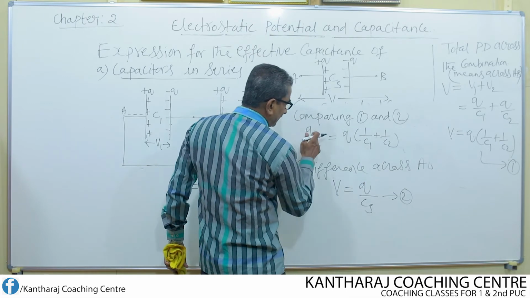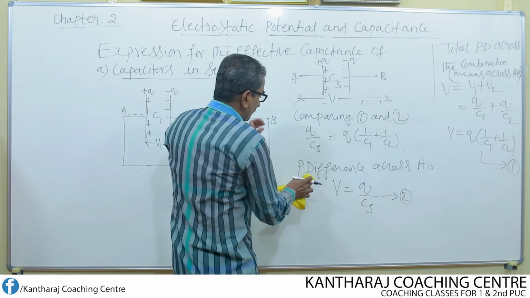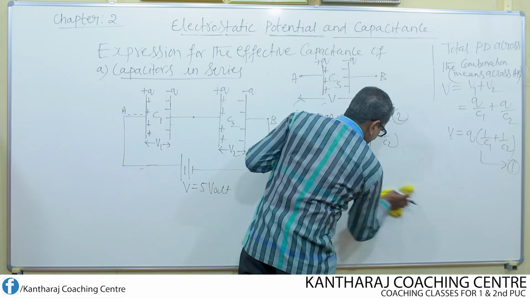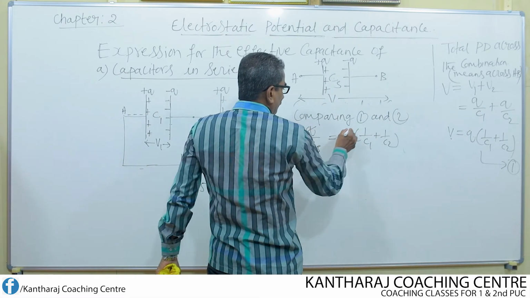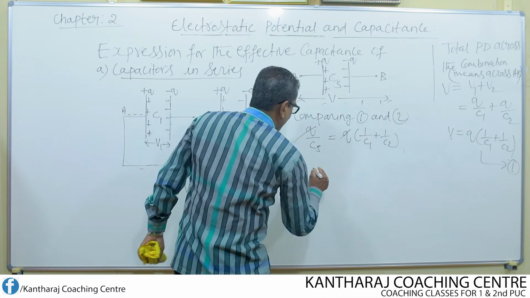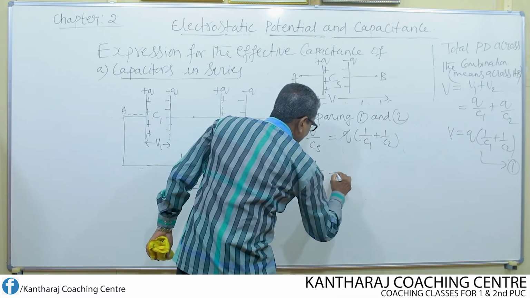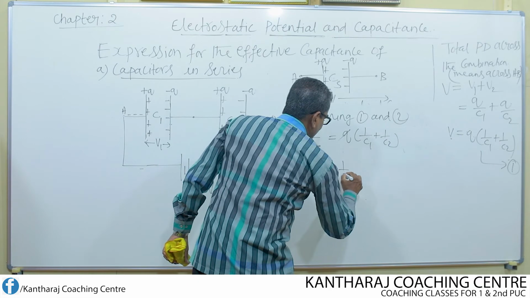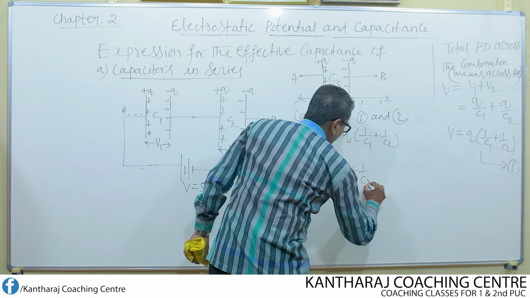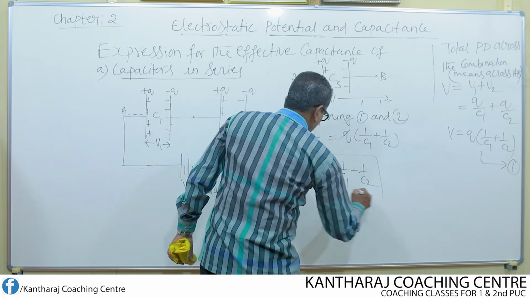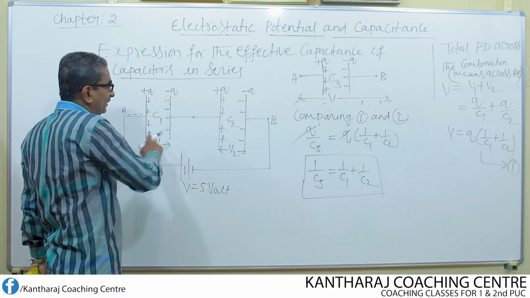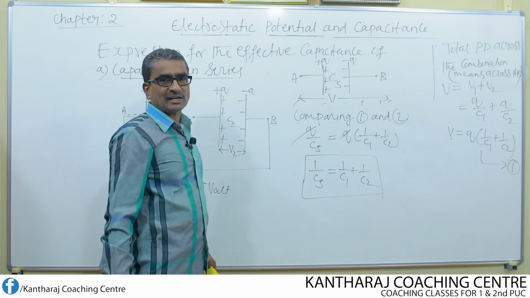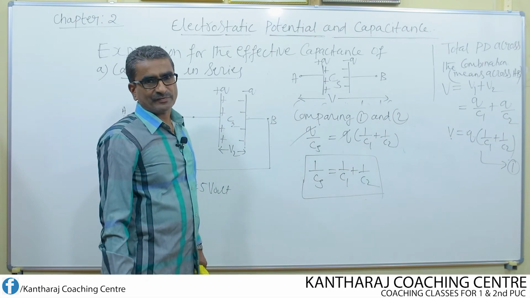It is Q by CS, which is written here. So, which is the term that can get cancelled here? Q and Q gets cancelled. Then 1 over CS equal to 1 over C1 plus 1 over C2. This is the expression for the effective capacitance of series combination when two capacitors are connected in series.